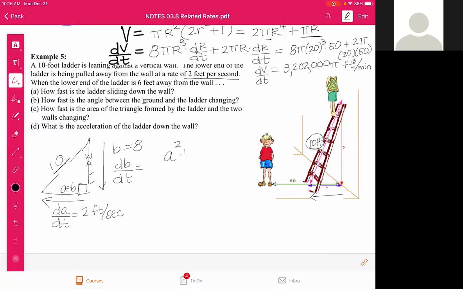A squared plus B squared equals C squared. Take the derivative implicitly. So 2a dA/dt plus 2b dB/dt equals 2c dC/dt.